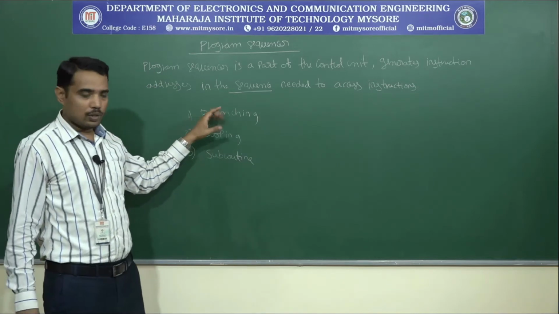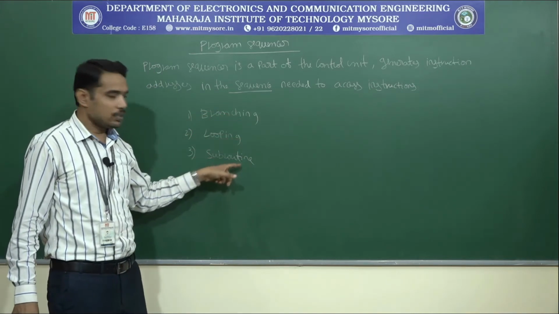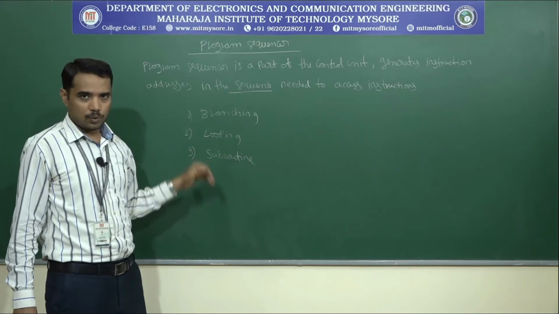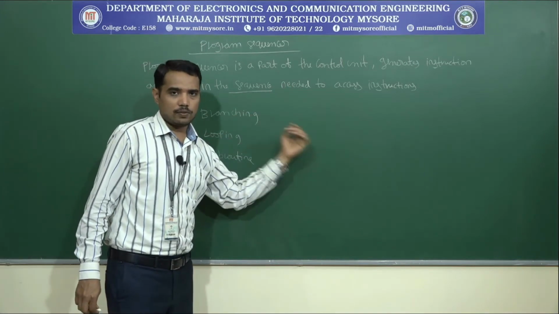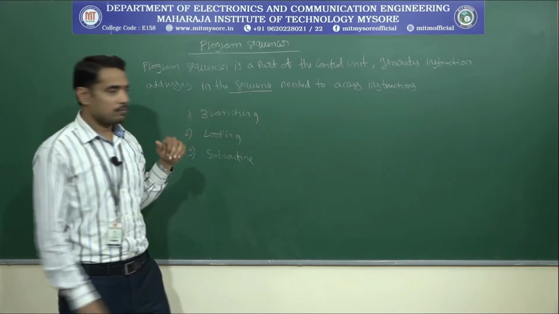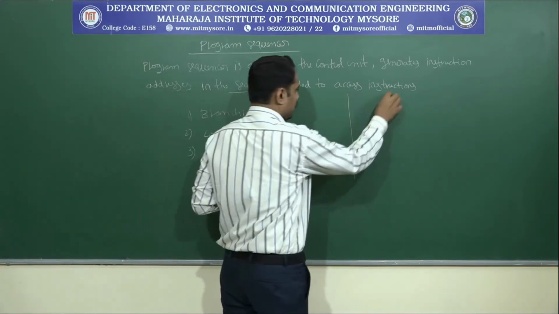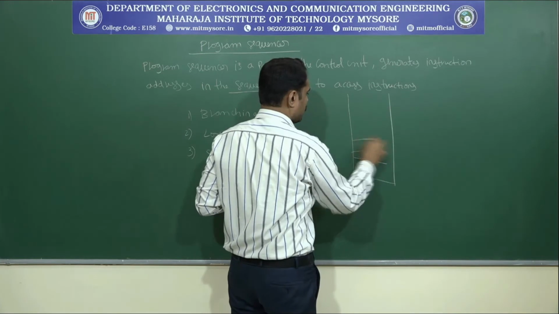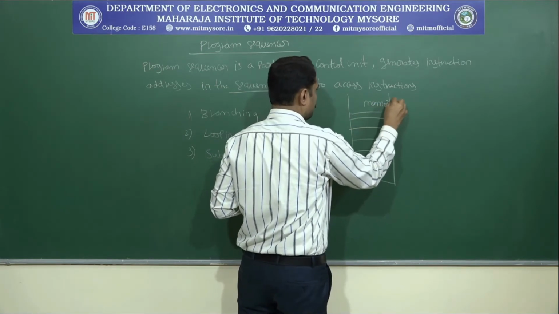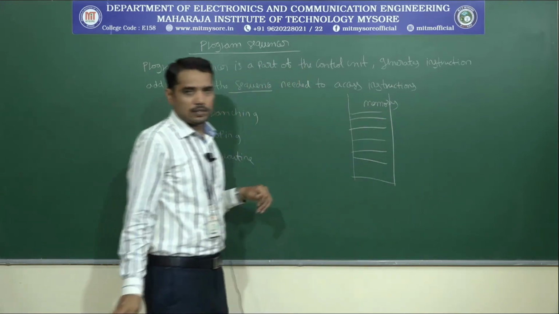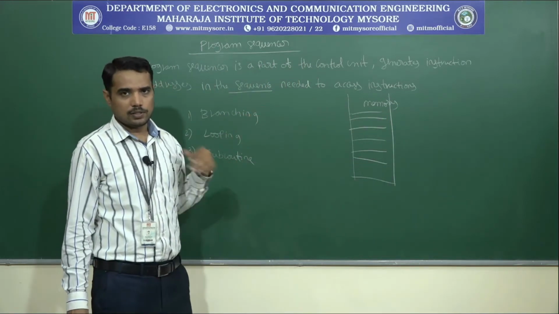If you are not following any of the three methods in our program, then it goes in a sequential way, that is stored in memory. As per the storage in memory, the instructions are going to be executed in a sequential way.